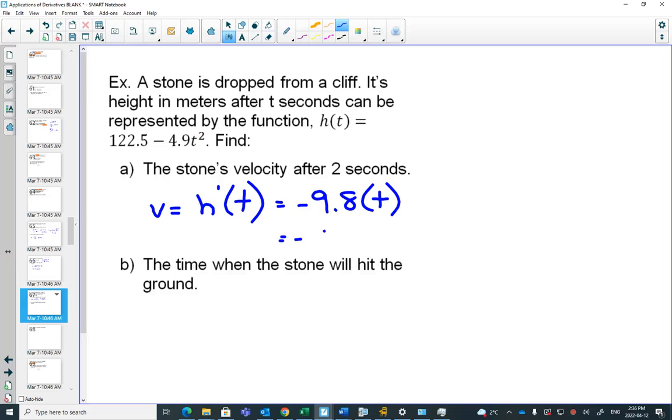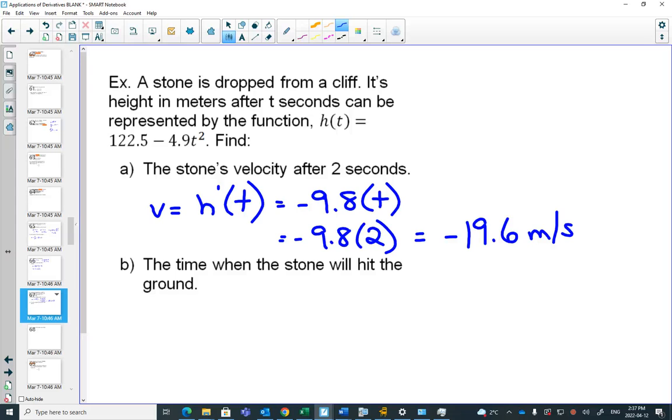After 2 seconds, we get negative 19.6 meters per second. One of the things that you'll have to interpret while working with these kinematics questions is which equation they want you to use. Okay? So if I need the stone's velocity, I have to find the derivative to get the velocity formula.